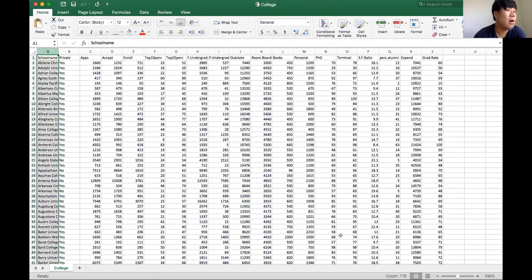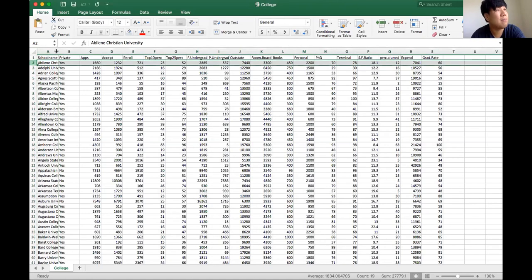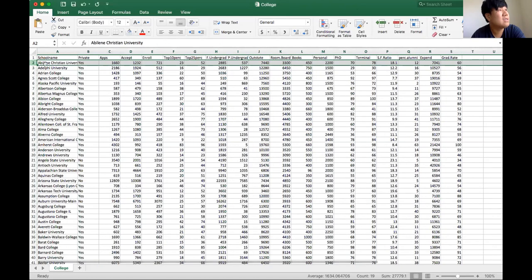I'm excluding the first row because that is the variable names. We have 777 observations. Again, each observation represents one sample. For example, these universities. Each row represents a respective college, with college names over here.